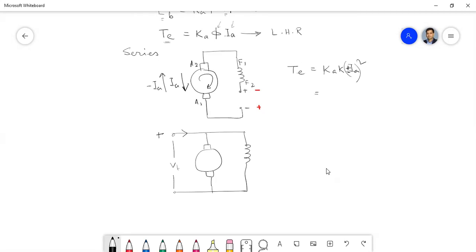So suppose this is the polarity for which it was rotating in the clockwise direction. Now we have changed the polarity to this. Now what will be the change in direction of rotation? Okay, think first, then try to answer this.